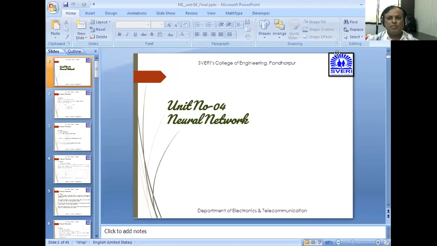So this is unit number 4, which we are going to start today. After understanding unit number 3, unit number 4 is a little bit of a small unit, without much complication, because we are concentrating only on one concept called neural network.